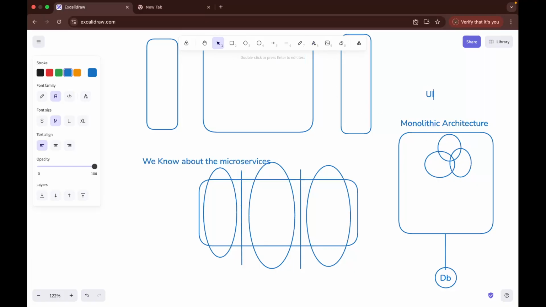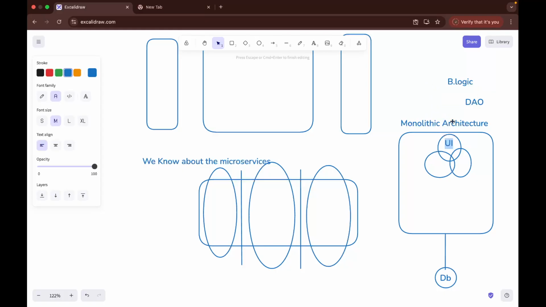UI, this is the business logic, and the DAO layer.